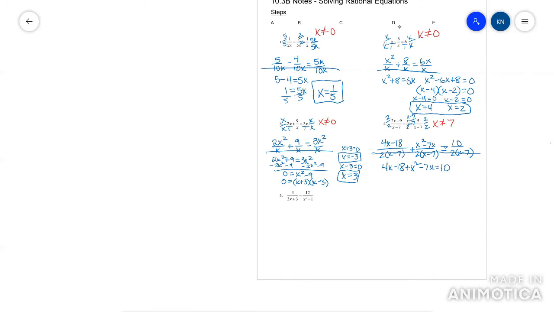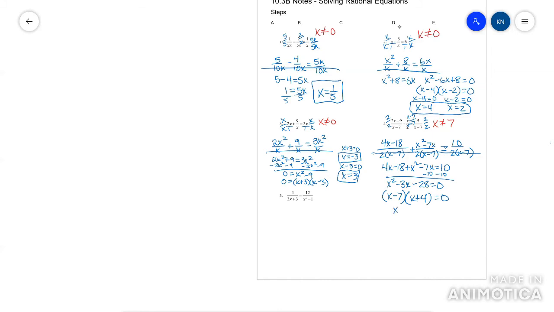I see an x squared, so I'm going to make it equal to 0. What are your like terms? So really you have x squared. I'm combining 4x and minus 7x to make minus 3x. I'm combining minus 18 and minus 10 to make minus 28. Now you can factor this: x minus 7, x plus 4.